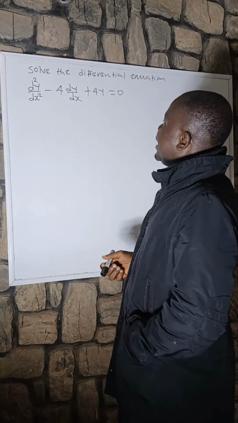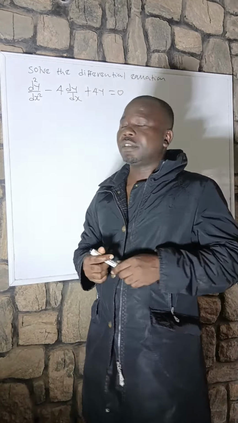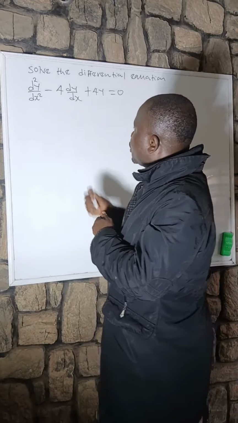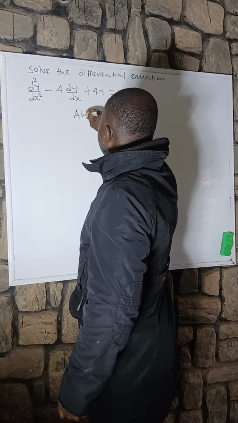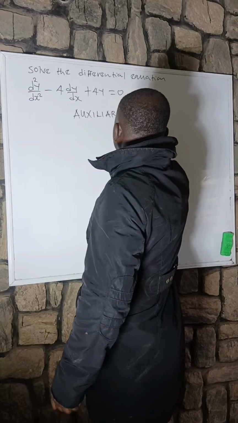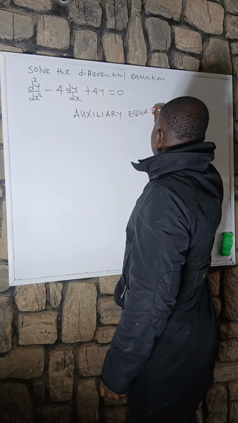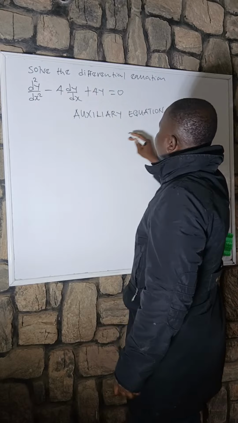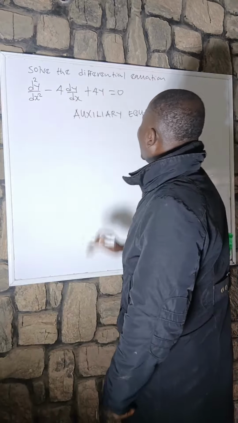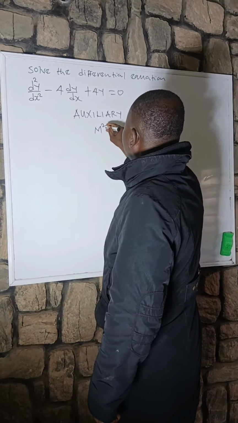Because at the end of the day, we are going to reduce this to what is called the auxiliary equation. We are going to reduce this second order differential equation to an auxiliary equation, that is, in the form of a quadratic equation.